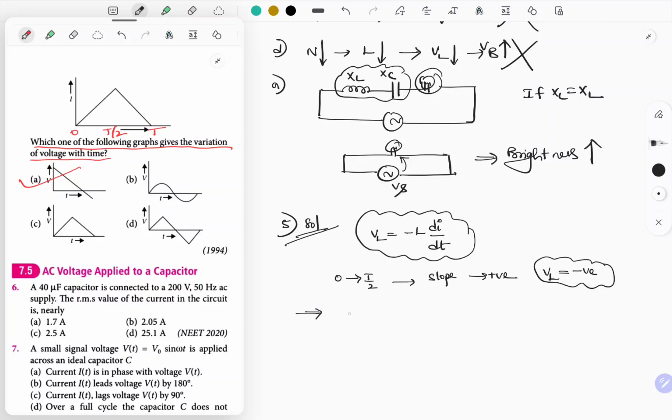Another way: always, the voltage across an inductor leads the current by 90 degrees. Just observe this. If this is the waveform I have for current, then voltage is going to lead it by 90 degrees. This is the exact way of representation.